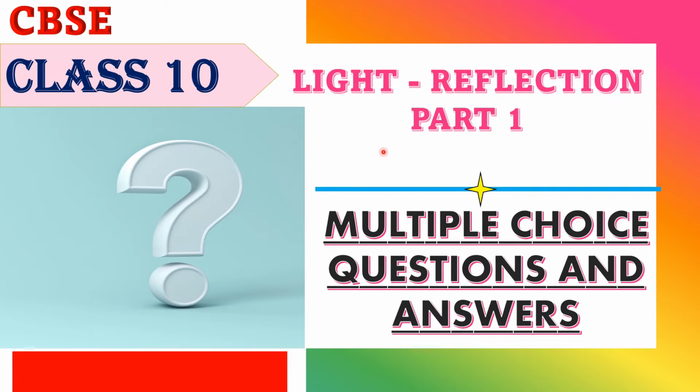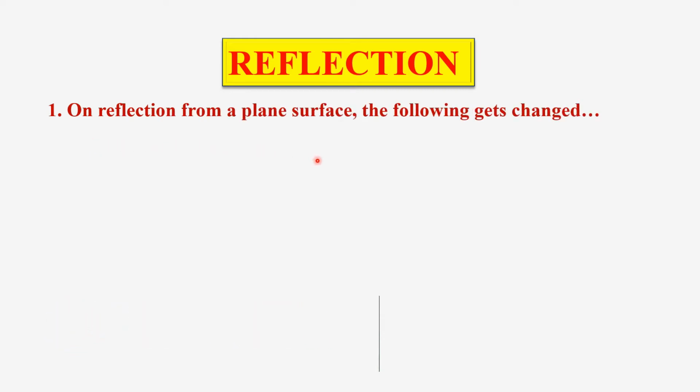Okay, let us go to today's session. First one. Topic: reflection. First question: on reflection from a plane surface, the following gets changed. Here, during reflection, which of the following quantities is changing?